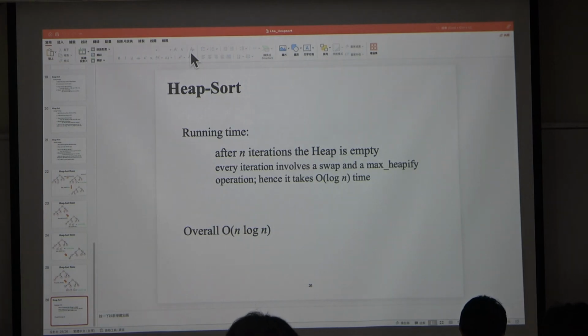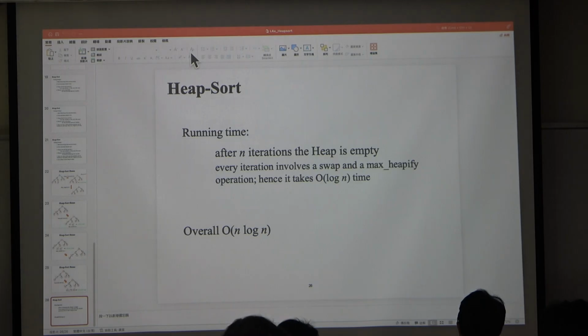Of course, you should also consider not only this part, but also the build max heap, right? You have to first convert the unsorted array into a heap, a max heap first, right? So that cost is linear, as we have discussed earlier.